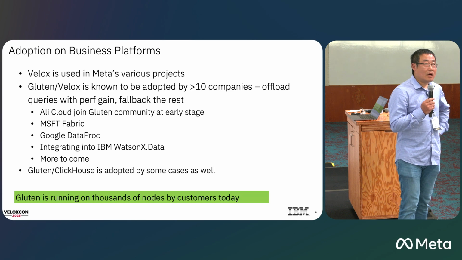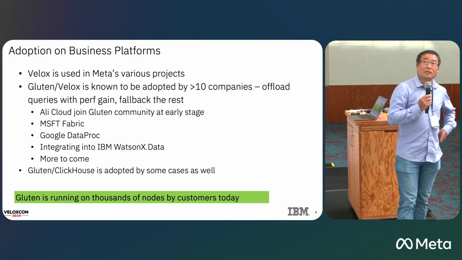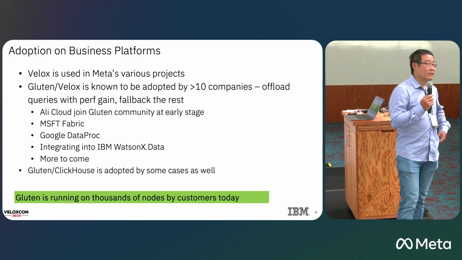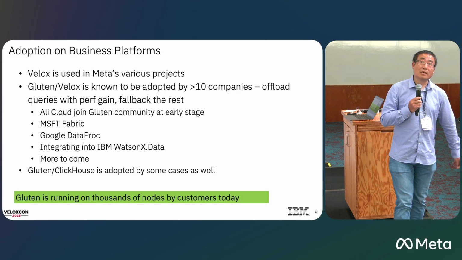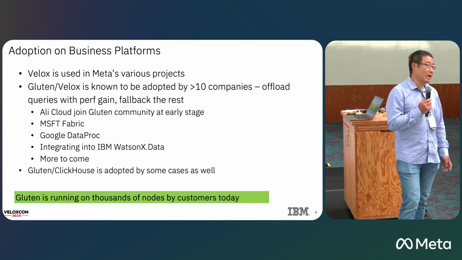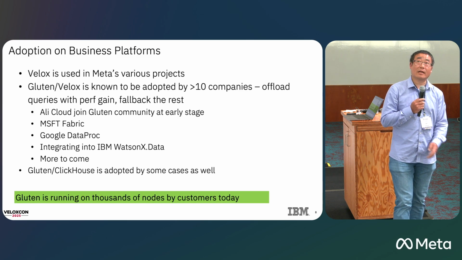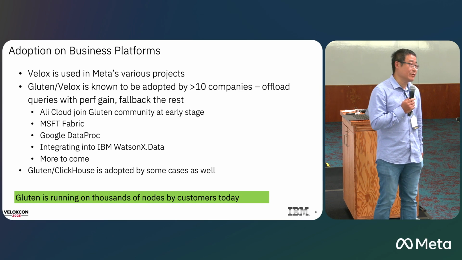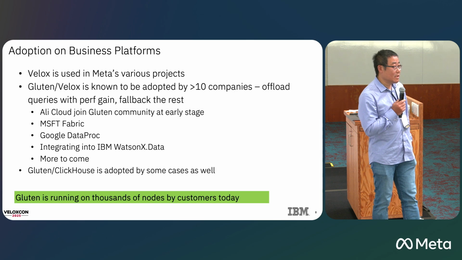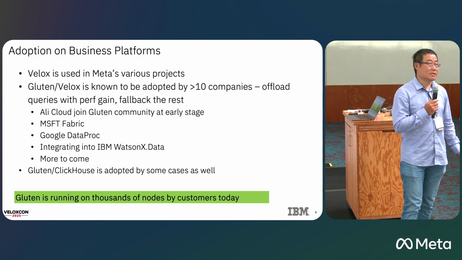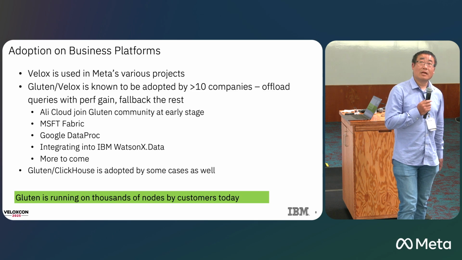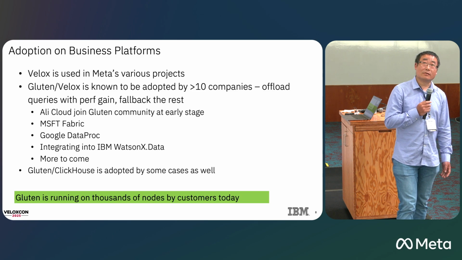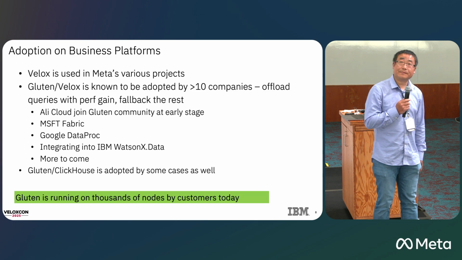Gluten is designed not to fully replace the Spark SQL engine. So in their adoption, they offload parts of the queries for the performance gain and fall back the rest. Currently, most companies still set this manually: they detect which query should fall back and which should be offloaded.